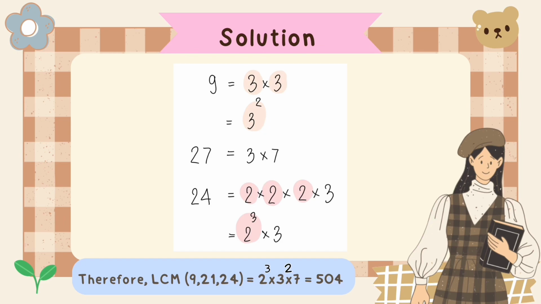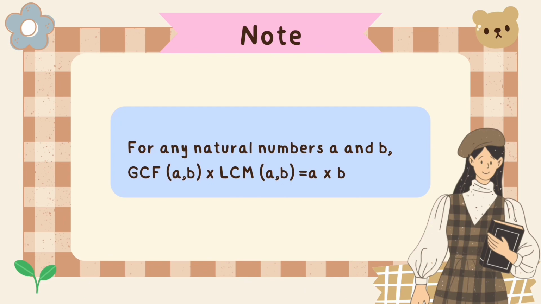Considering the greatest number of times each prime factor appears, we get 2 power 3, 3 power 2, and 7 respectively. Therefore, LCM(9, 21, and 24) is 2 power 3 times 3 power 2 times 7, which is 504. Note: for any natural numbers a and b, GCF(a, b) times LCM(a, b) is a times b.